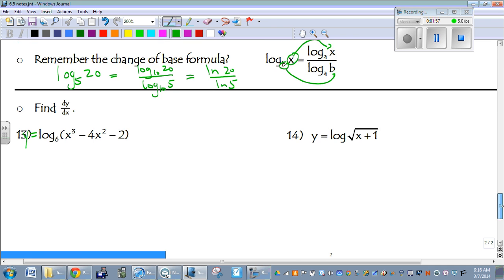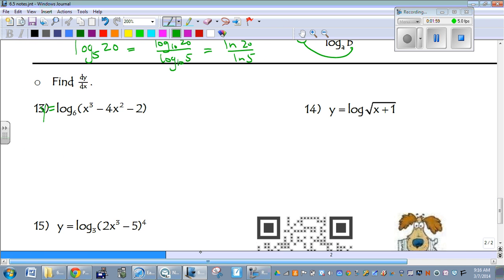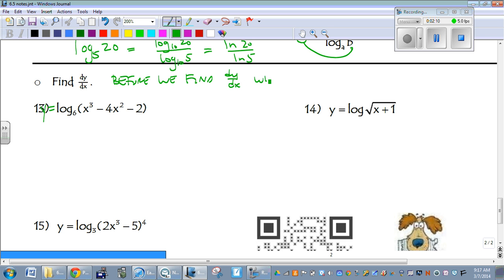So for these problems down here, we want to find dy dx, but before we find dy dx, we have to change the log to natural log.